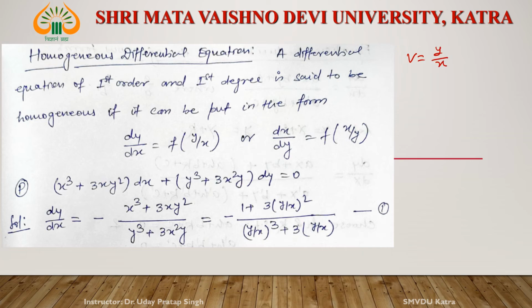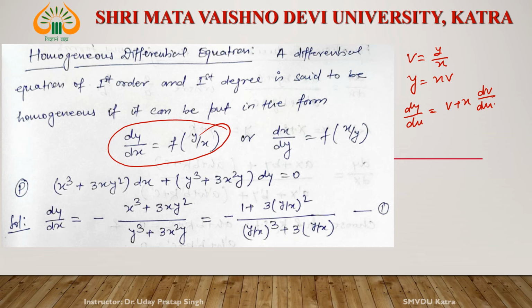When v is equal to y by x, it means y is equal to x into v. So dy by dx is equal to v plus x dv by dx. Now after this transformation, this becomes v plus x dv by dx is equal to function of v, since function of y by x is v.